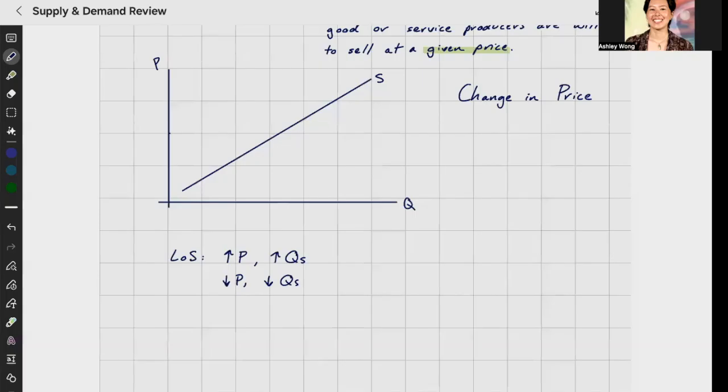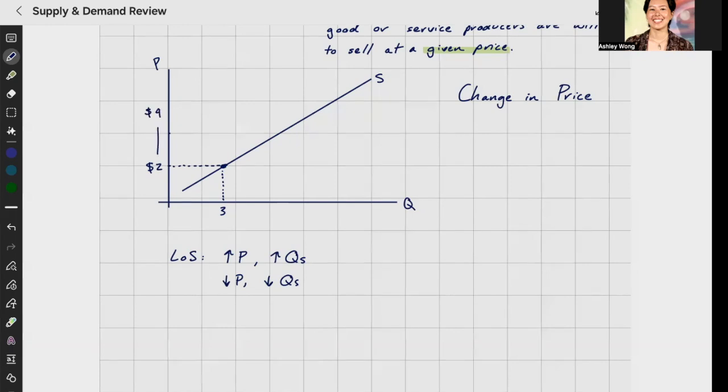Okay, so now that we've talked about the difference between supply and quantity supplied, we're going to look at what happens when there's a change in price. So let's first suppose that the price is here at, let's say, $2. And at this price, our quantity supplied is 3 units. Now we want to know what happens when the price increases to $4.